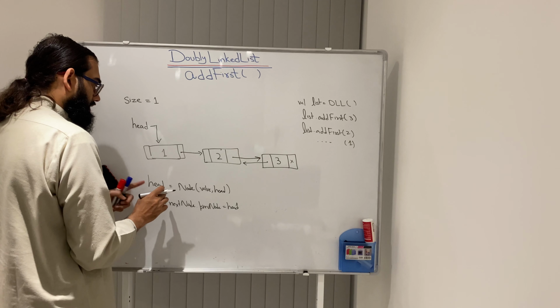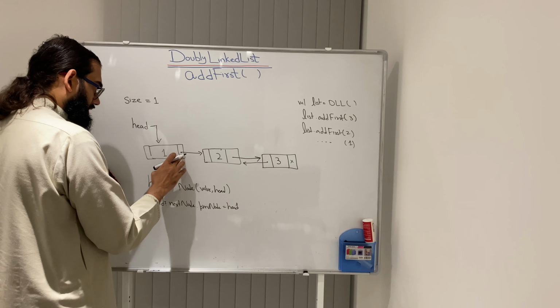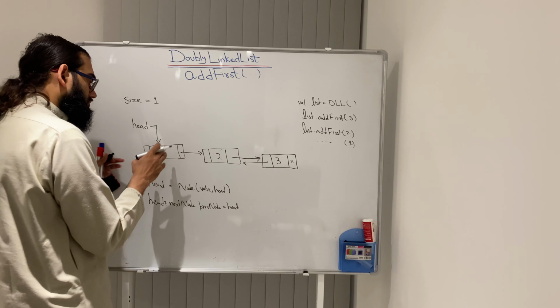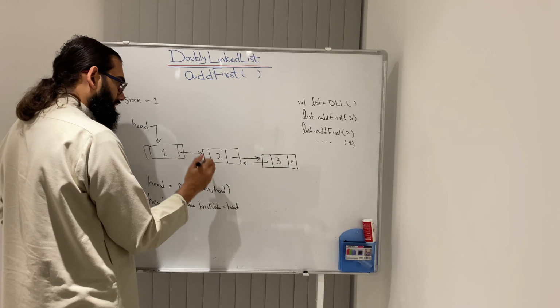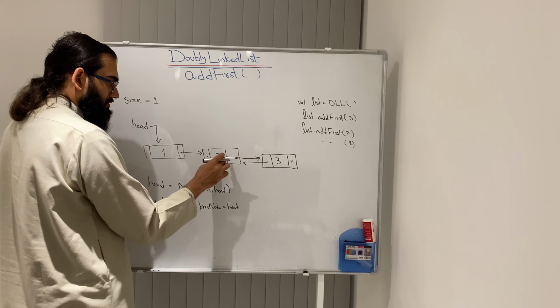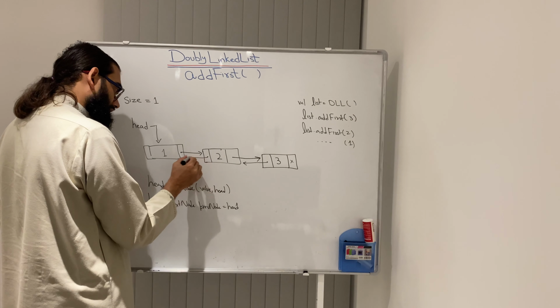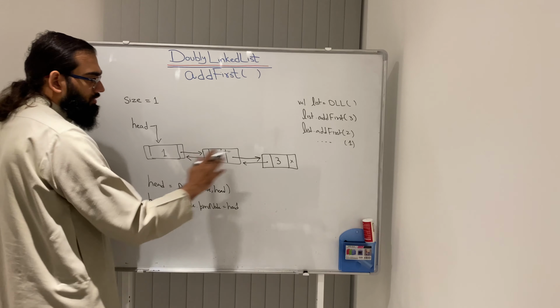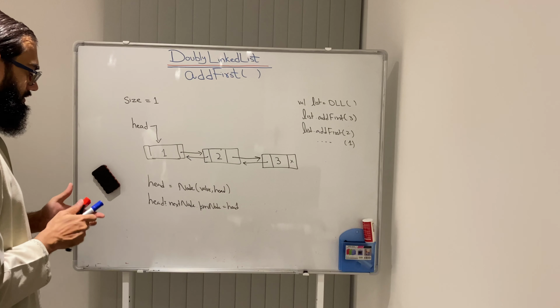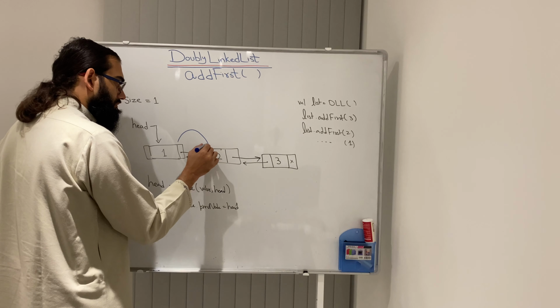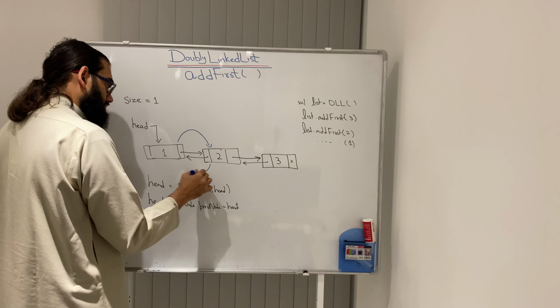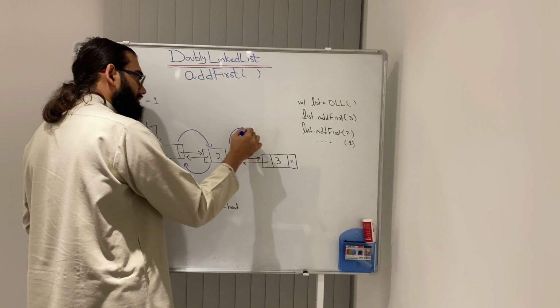Now what's next? I'm saying, okay, if the next node is not null, so basically I can access the next node, and then I'm saying go to the next node, take its previous node, and then assign back to the head. By doing this, you can easily see we have a proper doubly linked list, and we can see this structure, kind of a loop.